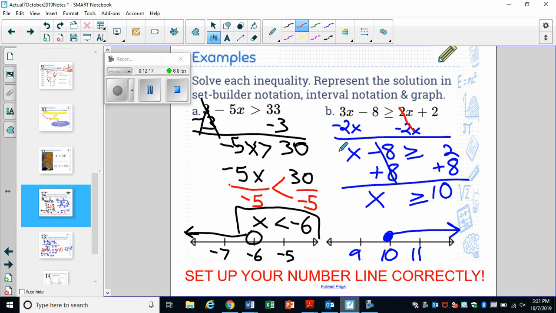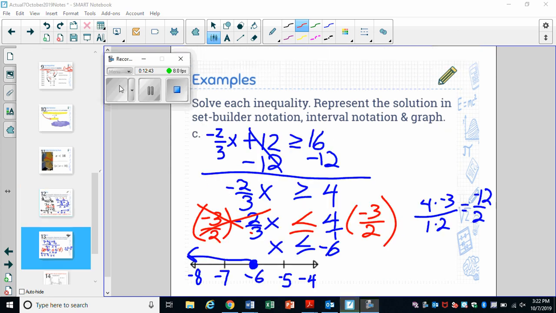Now we were at the step x minus 8 greater than or equal to 2. And then your last step, add 8 to both sides. And we wind up with x greater than or equal to 10. Notice how we have a closed circle, arrow going to the right. Again, set up your number line correctly. That is key.